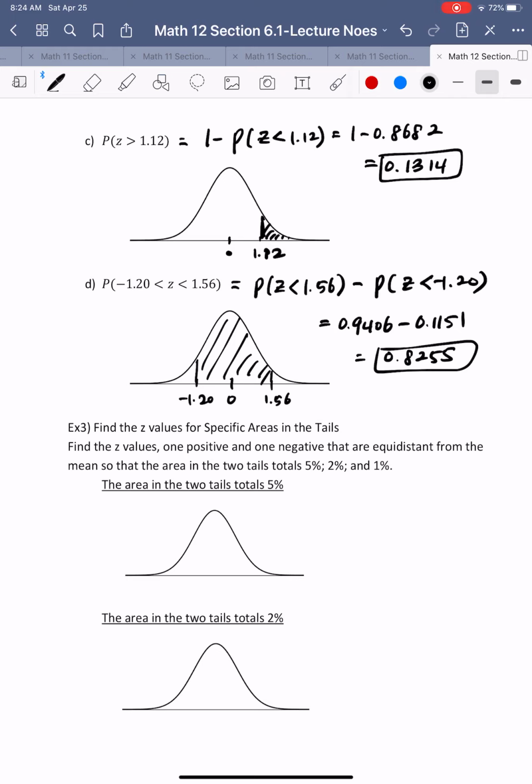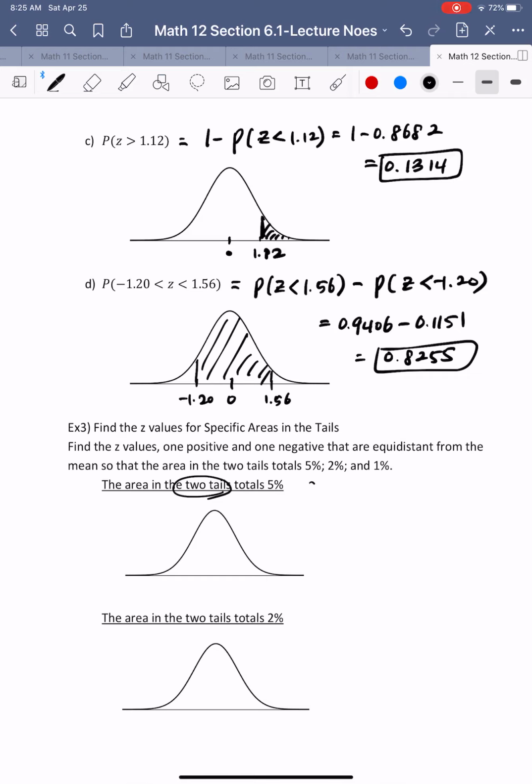Now, example 3, find the z values for the specific area in the tails. Find the z values, one positive, one negative, that are equidistant from the mean so that the area is a two-tail total of 5%, 2%, 1%. So this is a normal distribution curve. Two tails, which means your tail is on the right and on the left.